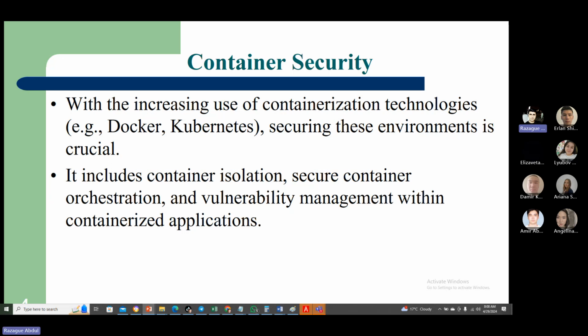So we can say that the increasing reliance on containerization technologies demands robust security measures to protect against evolving threats. By focusing on container isolation, secure architecture, and comprehensive vulnerability management, organizations can safeguard their containerized applications effectively.